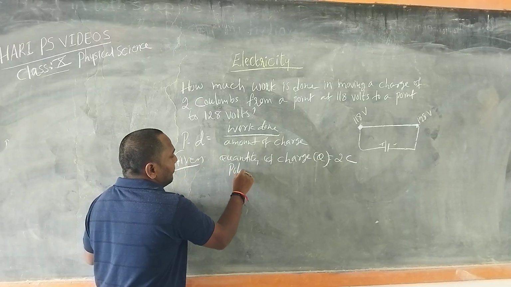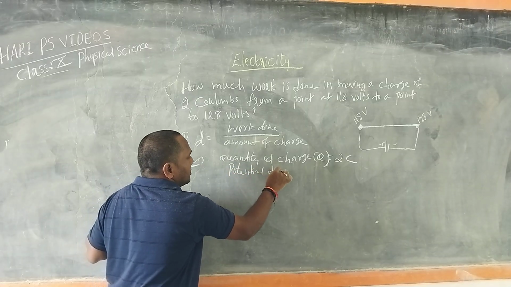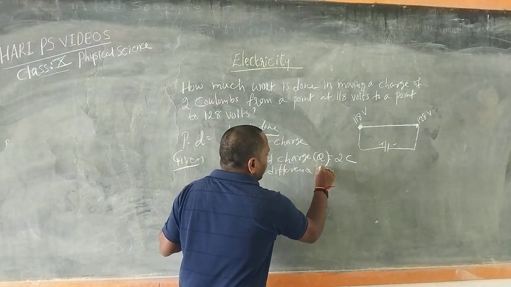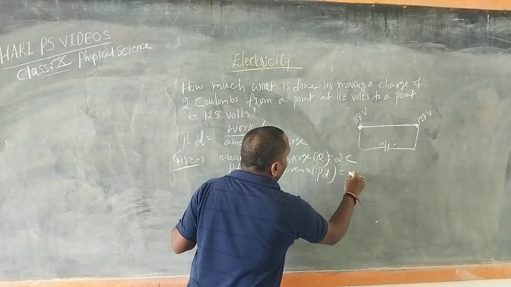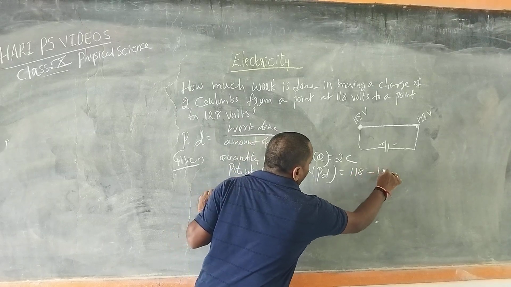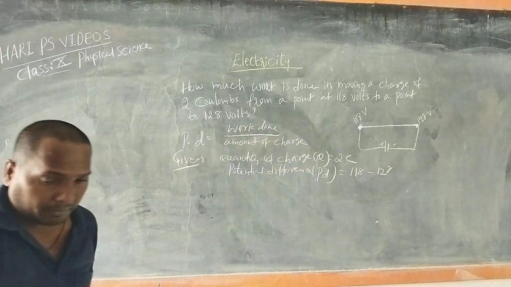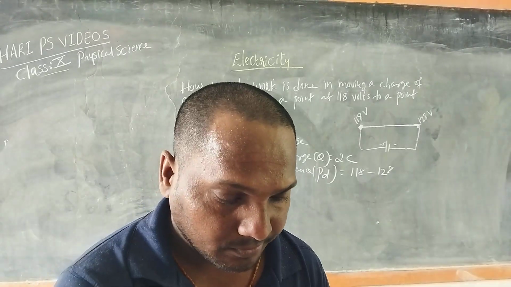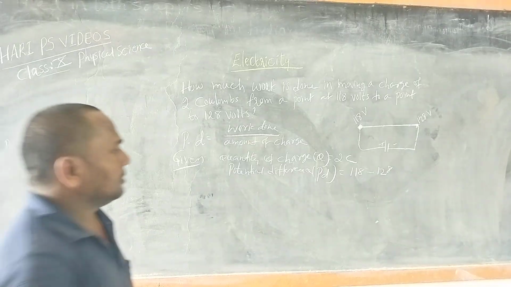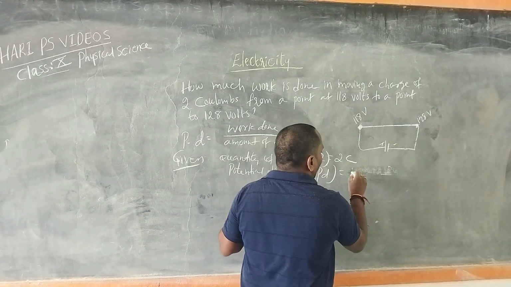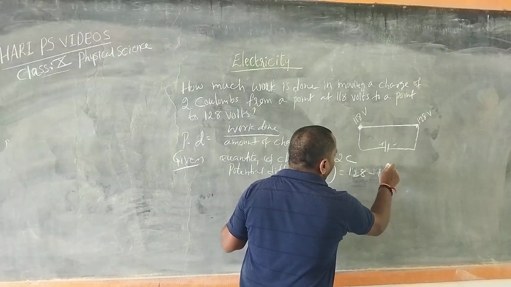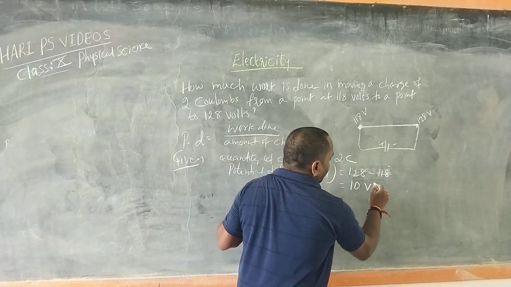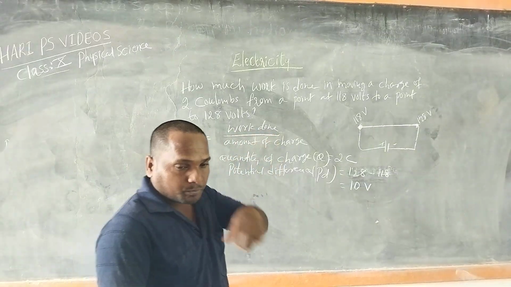Potential difference V is from 118 to 128, so the difference is equal to 10 volts.